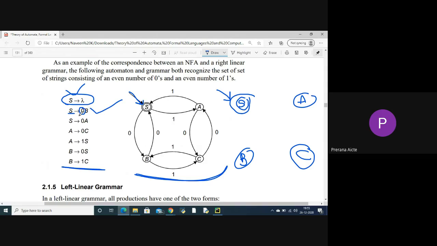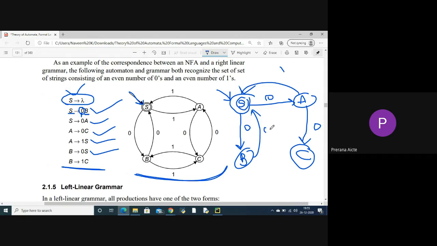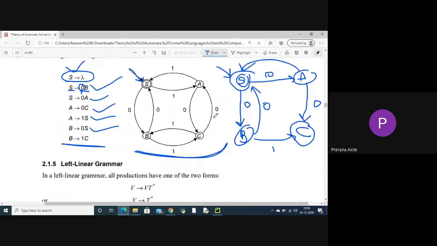For the state S, if I give input 0, it goes to state B. In the same manner, for state S, if I give input 0, it goes to A. For state A, if I give input 0, it goes to state C. If I give input 1 to A, it goes to S. For B, if I give input 0, it goes to S. For B, if I give 1, it goes to C. Here some productions were missed. So this is the diagram of the finite automata for the given right linear grammar.